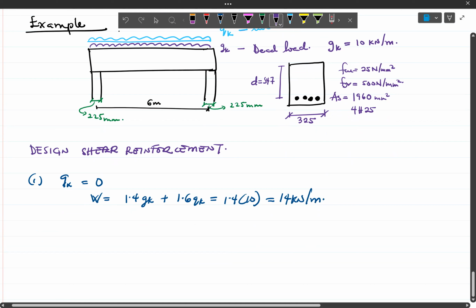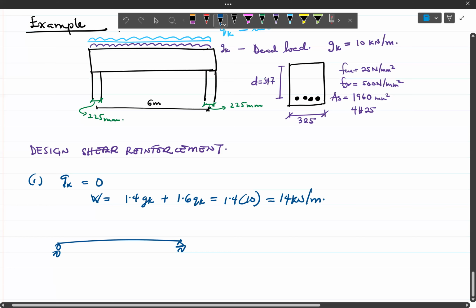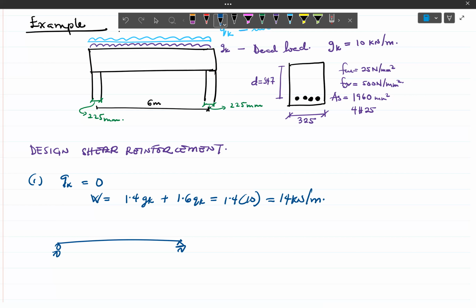So this is your beam, you have a UDL on it, and that UDL is 14 kilonewtons per meter.